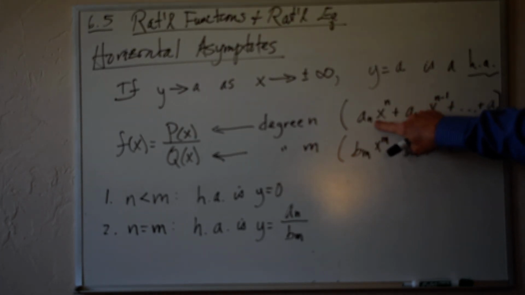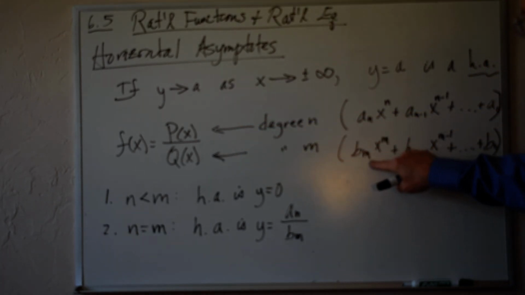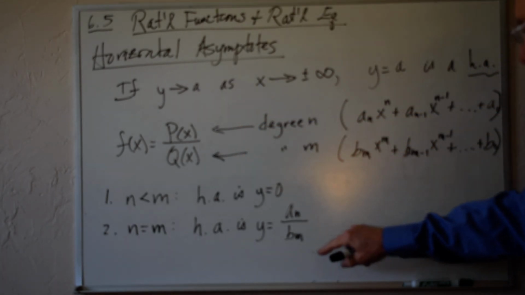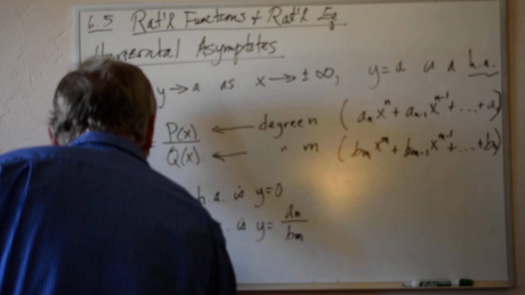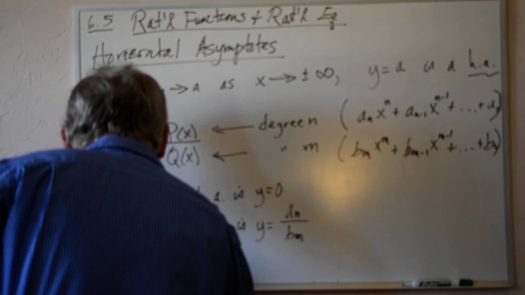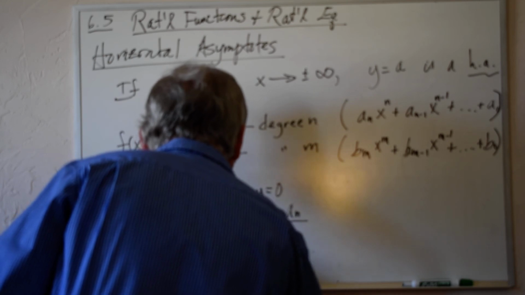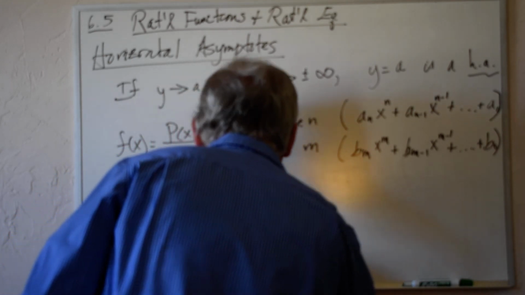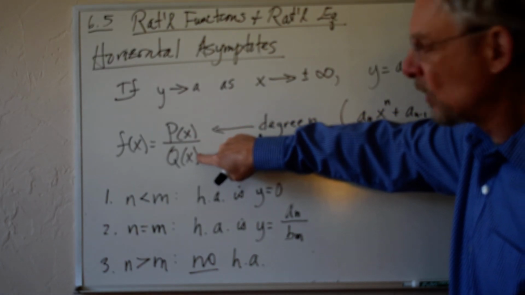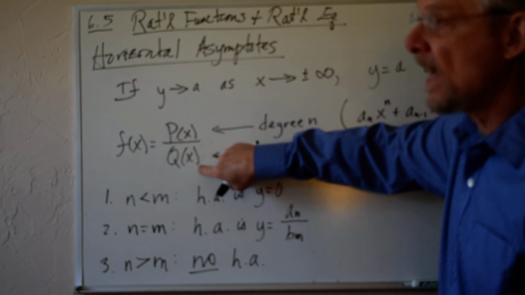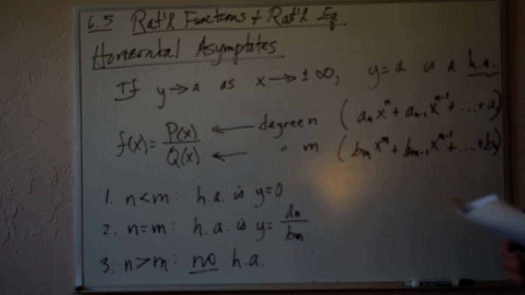The lead coefficient of the top polynomial divided by the lead coefficient of the bottom polynomial. The third thing that can happen is n is greater than m. Right? The degree of the numerator is greater than the degree of the denominator. If that happens, there is no horizontal asymptote.